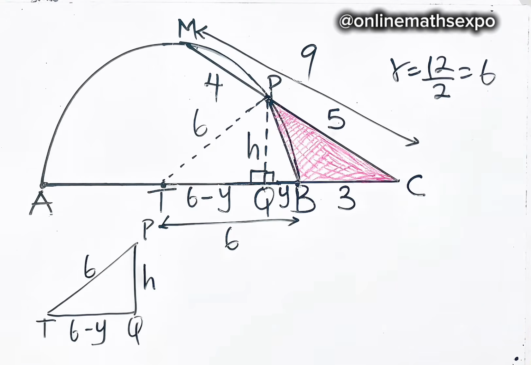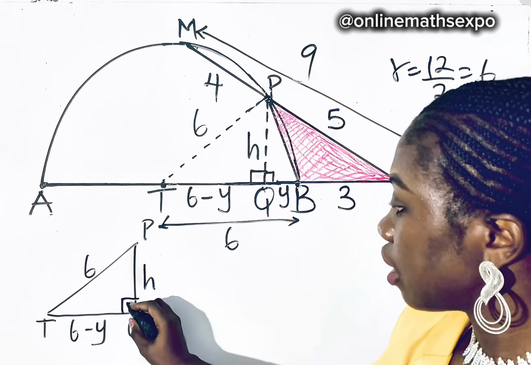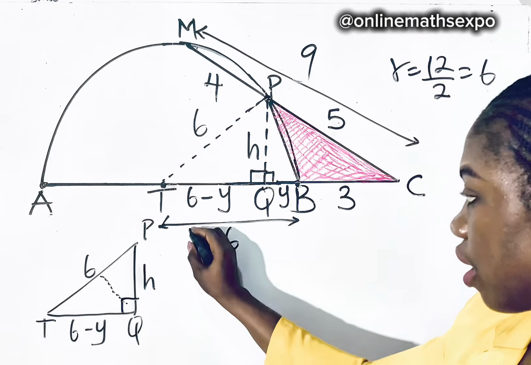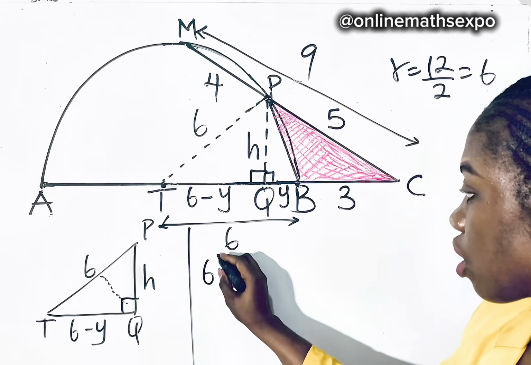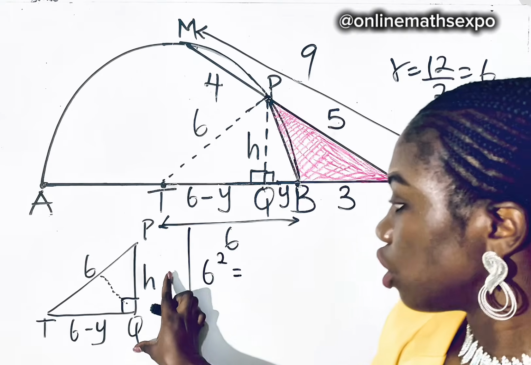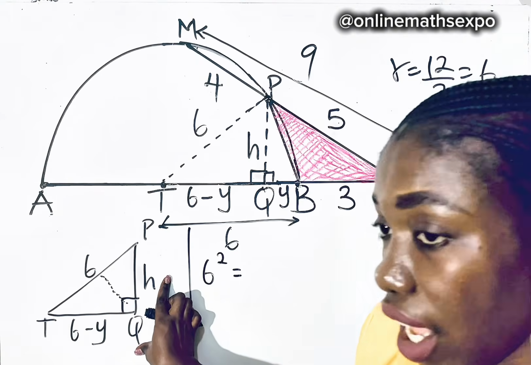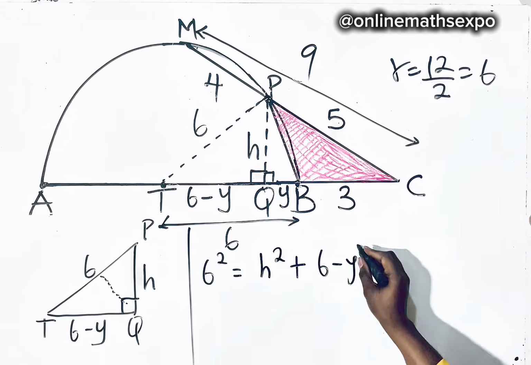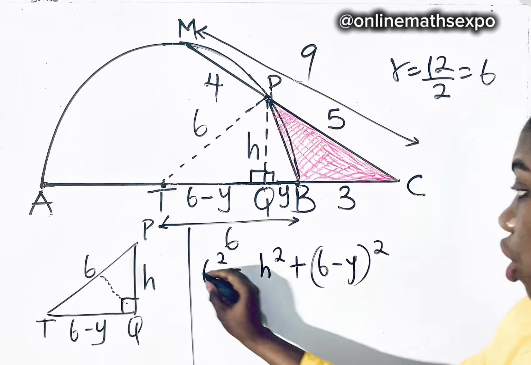So what should we do? Use Pythagoras' theorem. The side that is opposite to the right angle is the longest. Square it. We are going to have 6 squared is equal to the squares of the two legs summed. We have h squared plus 6 minus y all squared. Keep solving.